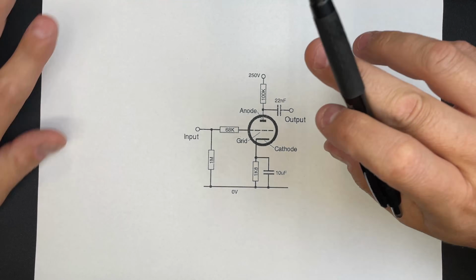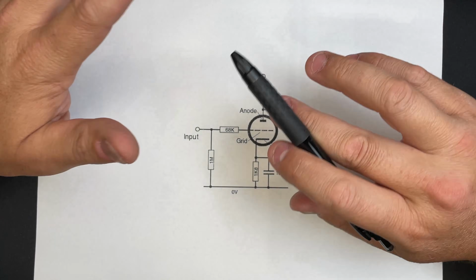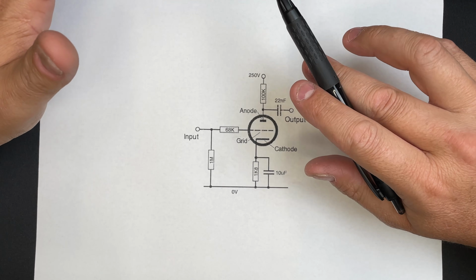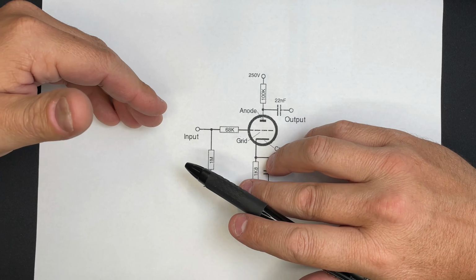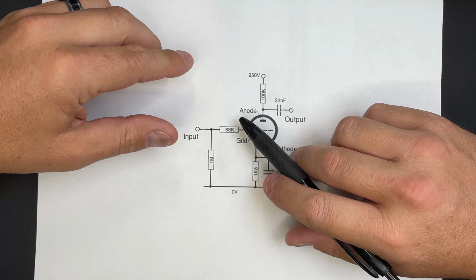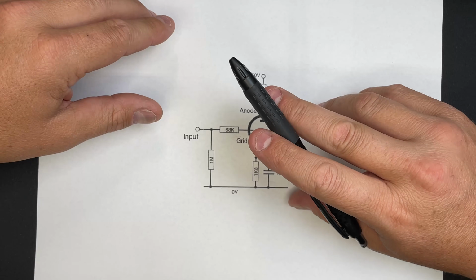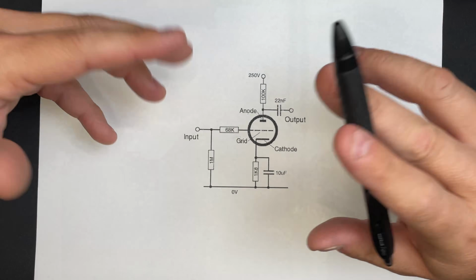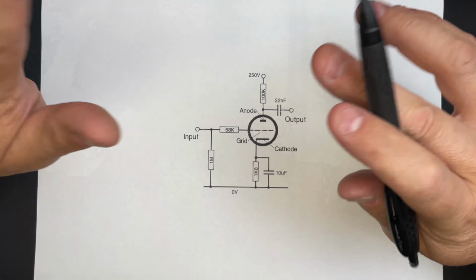That's all there is to it. That might be why they are doing it. It might just be that they don't want to have a 1 meg pot because it could be noisier. Or it just could be that they wanted 500K and they just didn't want to use a 1 meg pot. I don't know, whatever it could be.